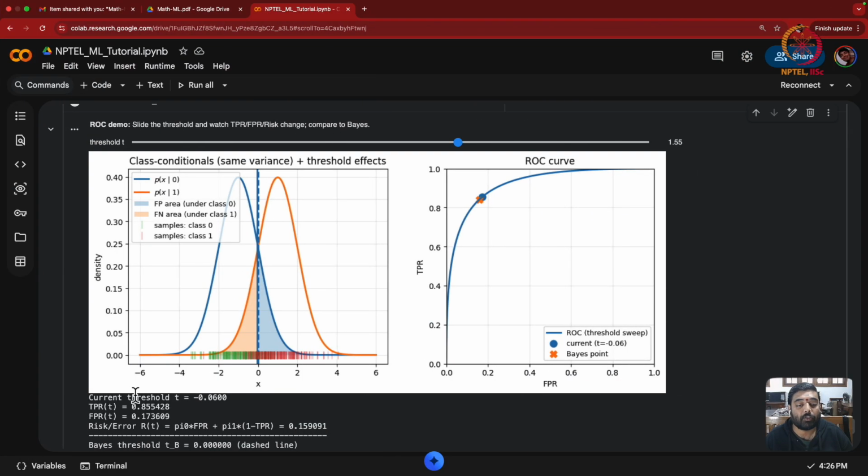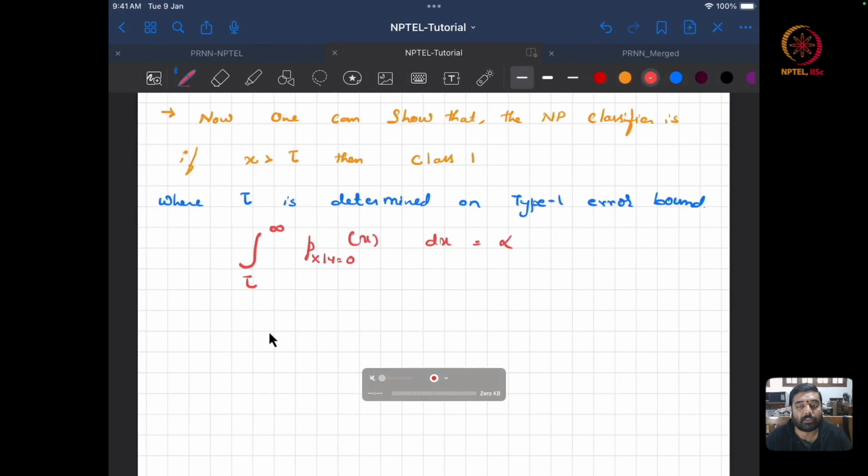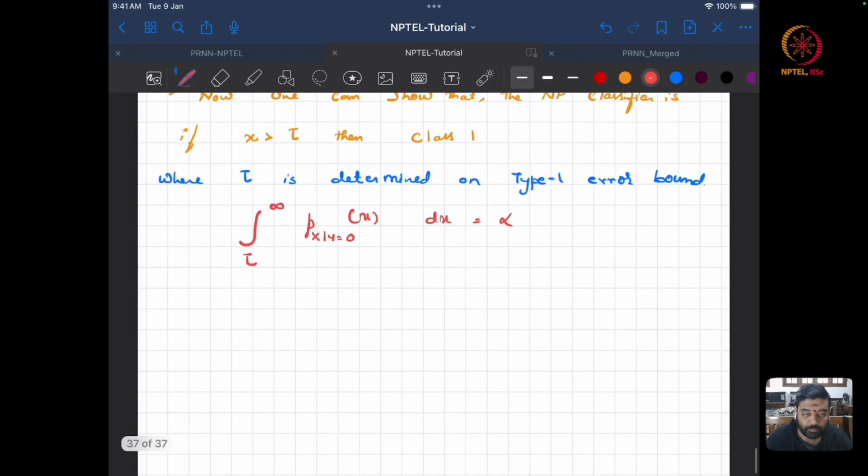If you consider this as tau, then from tau to infinity, this is the area under the class conditional of the zeroth class. This blue area is what you're calculating, and that is the alpha that you are bounding.